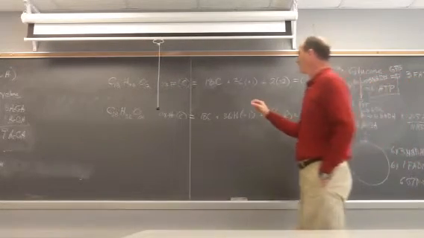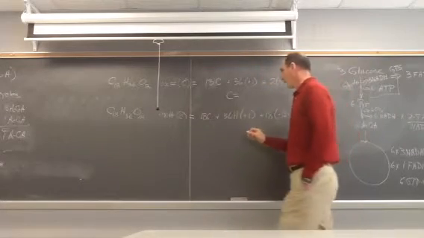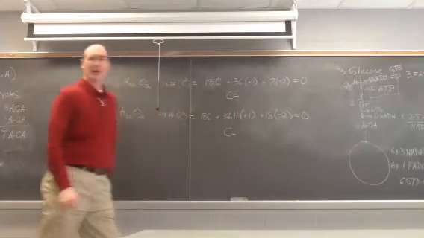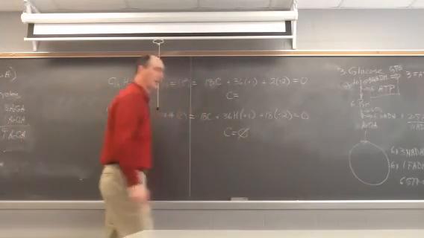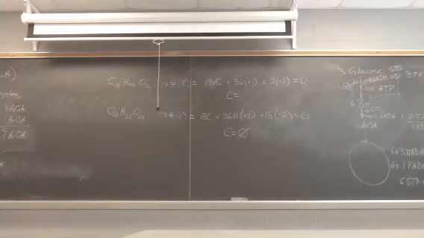So what does the oxidation number of carbon end up being in glucose? 0. Carbon ends up with an oxidation number of 0 in glucose. So the carbon in glucose has the same oxidation state as the carbon in the graphite of your pencil.